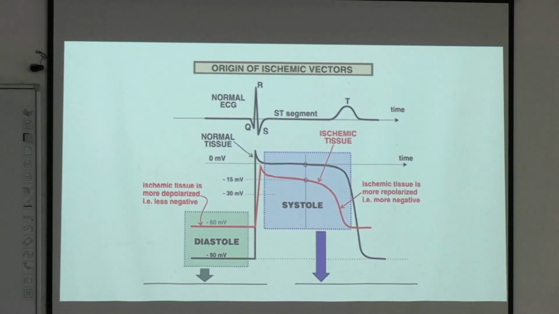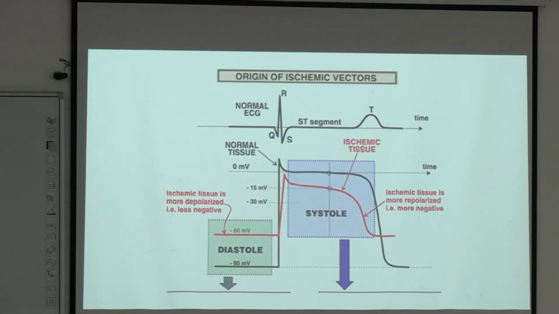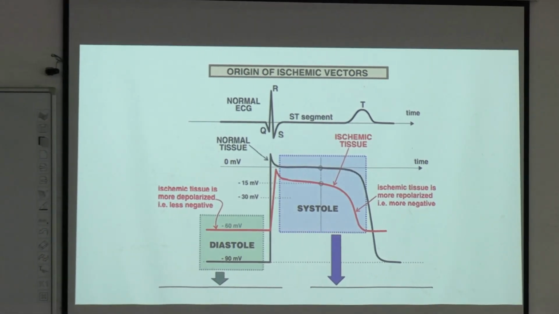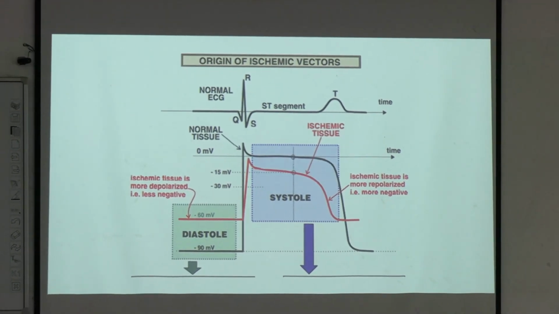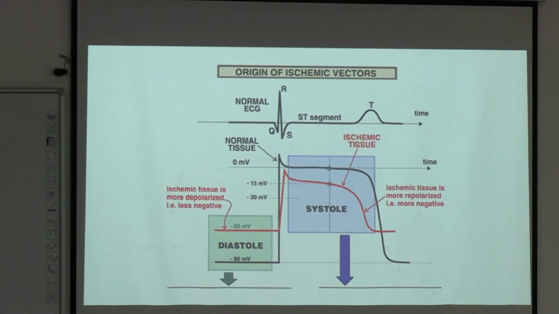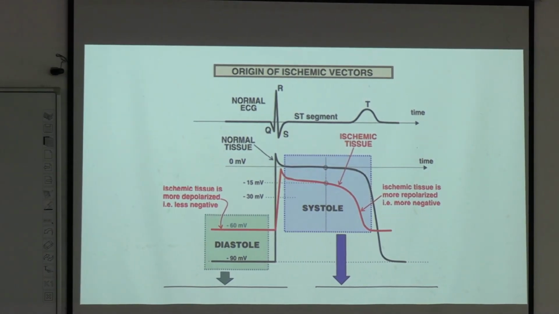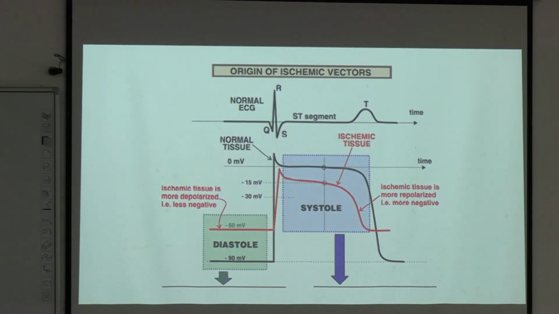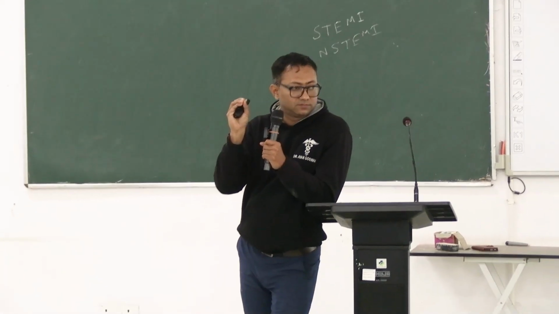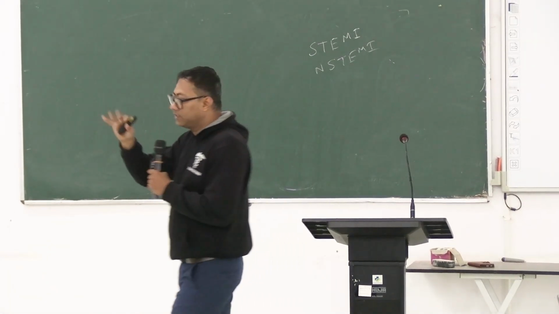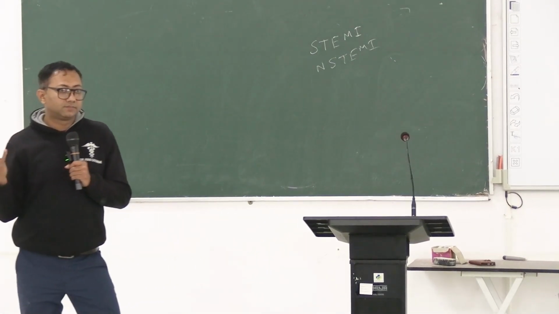What happens during heart attack or acute coronary syndrome? A thrombus lodges in the coronary circulation, and some area of the heart is ischemic, but it's not that the whole heart is necrosed or ischemic. A part of the heart is ischemic, so there is ischemic tissue and normal tissue side by side, right?